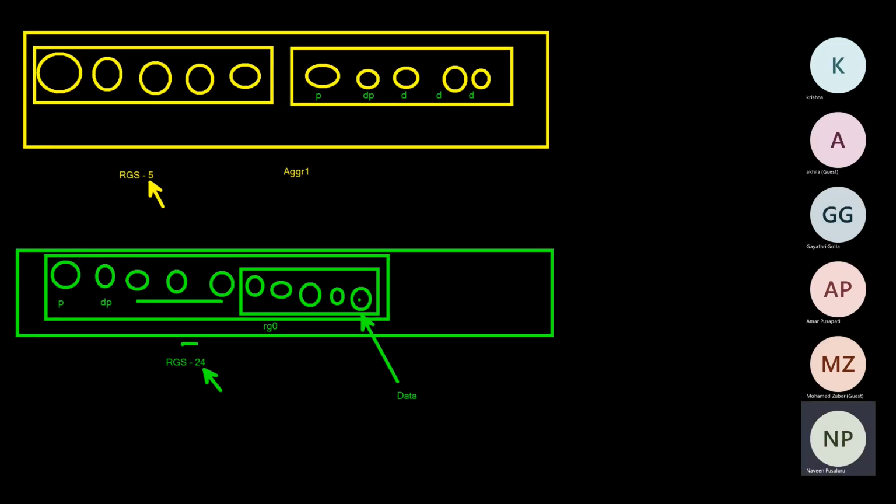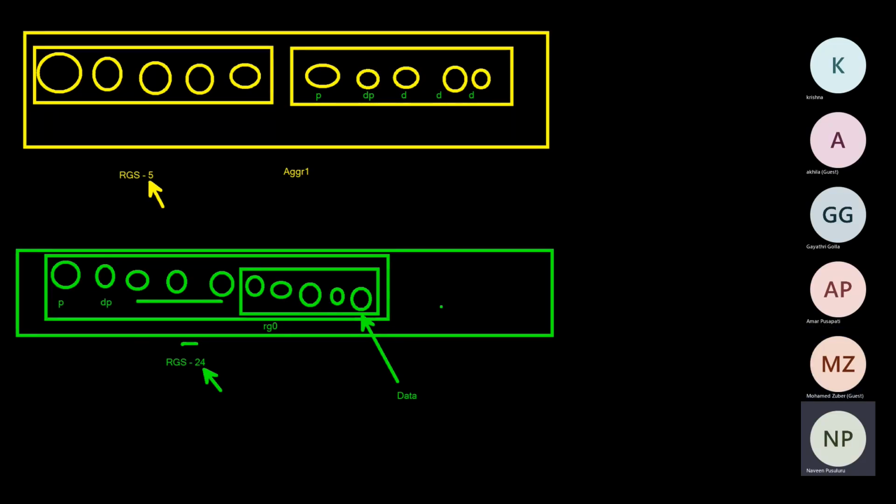Did you understand the difference? Sir, in the whole write group, only 22 disks are available for storing data, right? Exactly, sir, because one goes for parity and one for double parity.